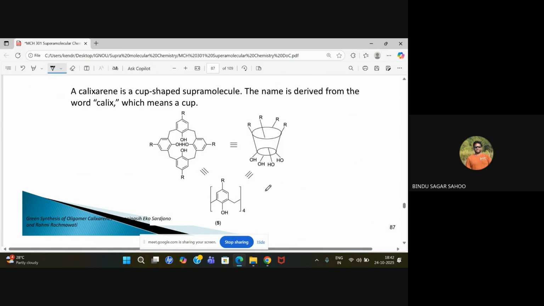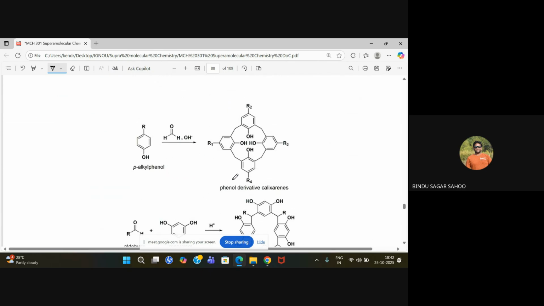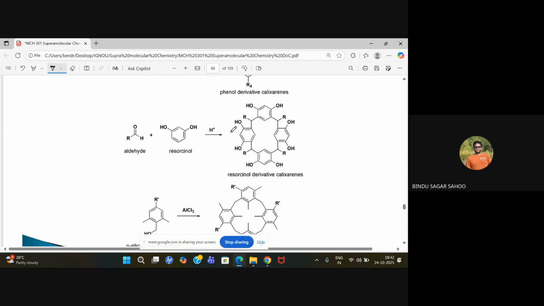So these types of host molecules can provide both hydrophilic and hydrophobic environments. You can synthesize different types of calixarene by using different substituted phenols. If we take para-alkyl phenol groups, they will form a structure like that. This is another type of calixarene group.